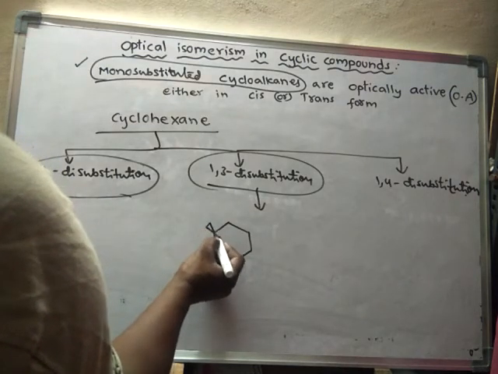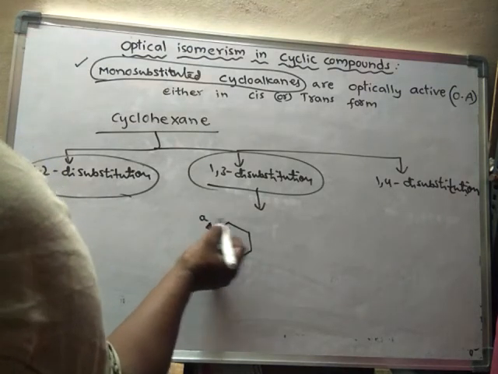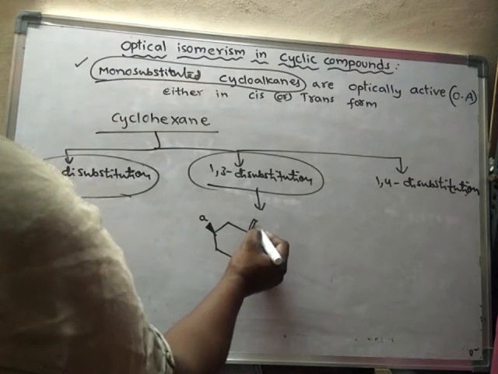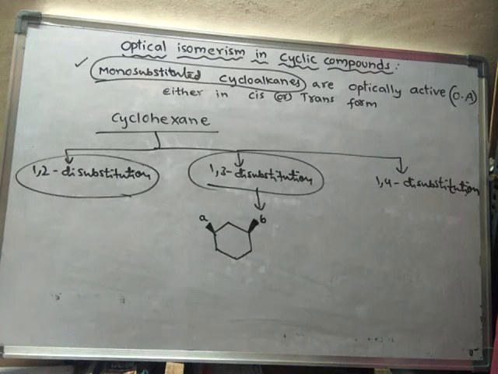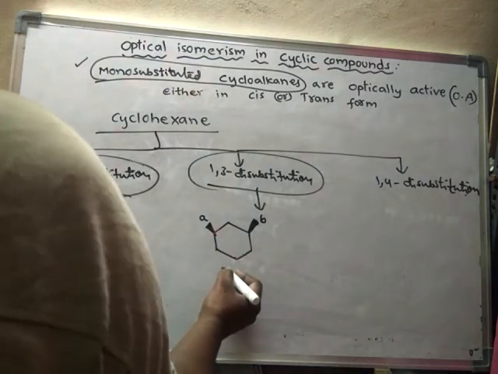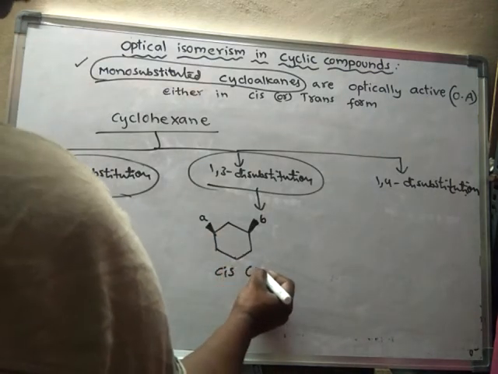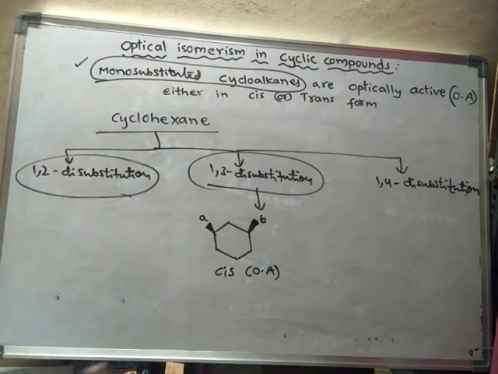Here above the plane there is a substituent, and on the third carbon also above the plane there is a substituent. So this is the cis form. It is optically active because there is no element of symmetry, either plane of symmetry, center of symmetry, or alternating axis of symmetry. Hence it is optically active.